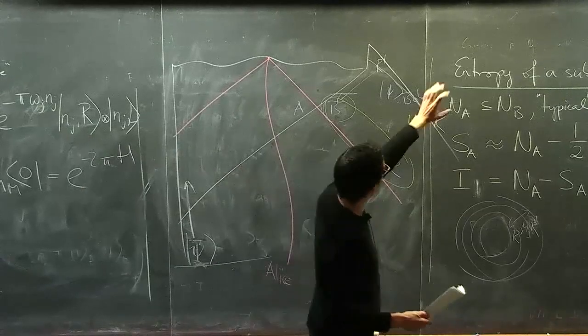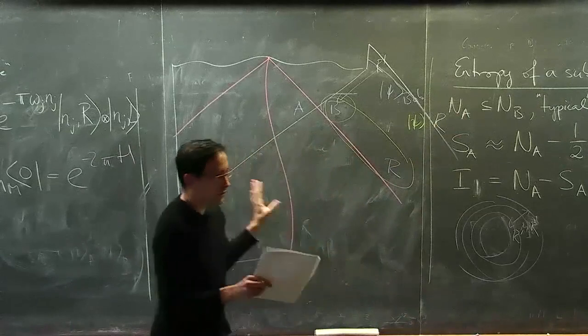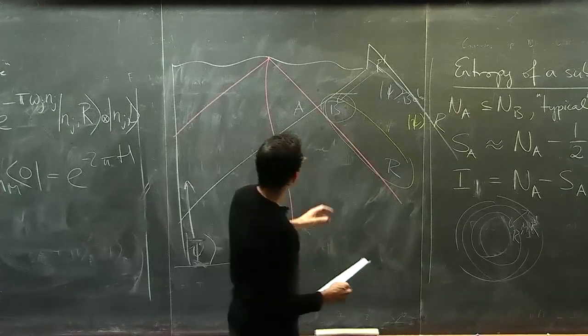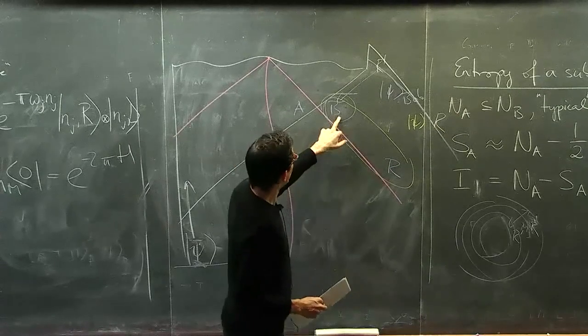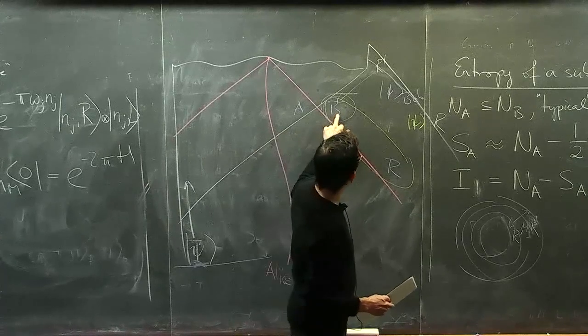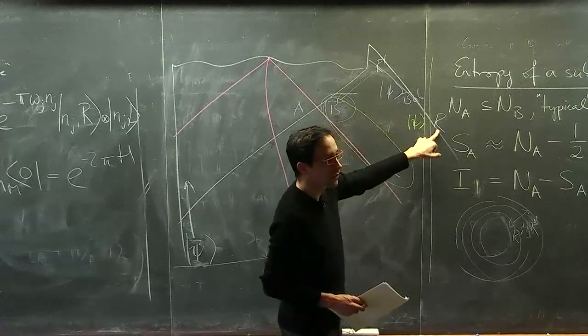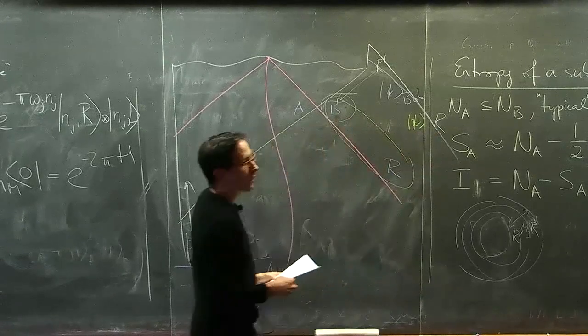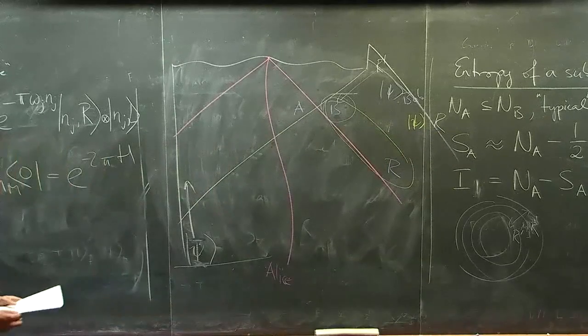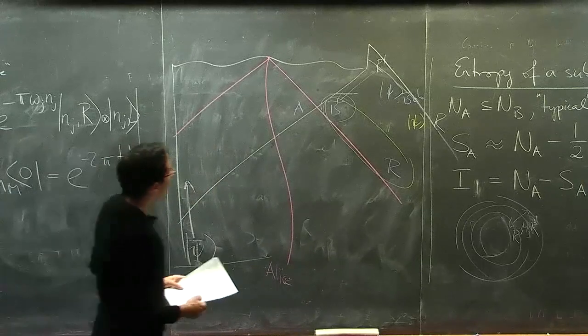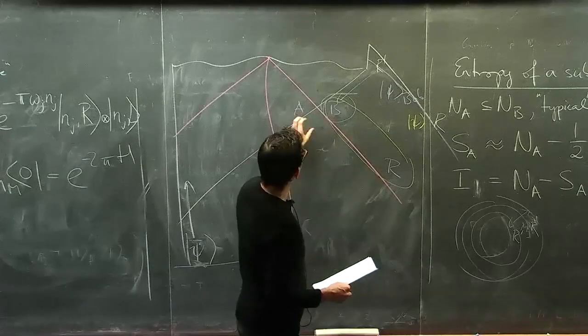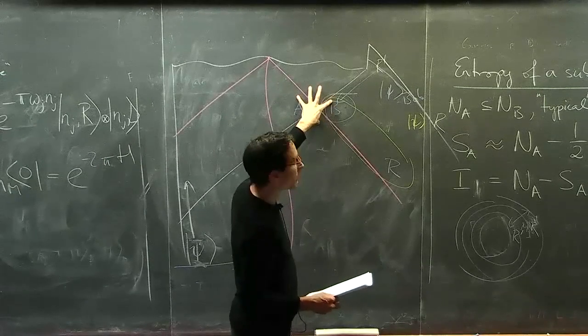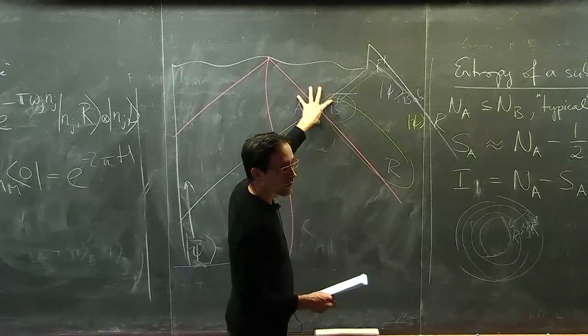Using right now my shortcut of Page's result, and coming back to the general case later, this subsystem here is almost completely entangled with this subsystem. It is purified by the older Hawking radiation. That means that I just cannot write down a quantum state here that corresponds to the infalling vacuum.